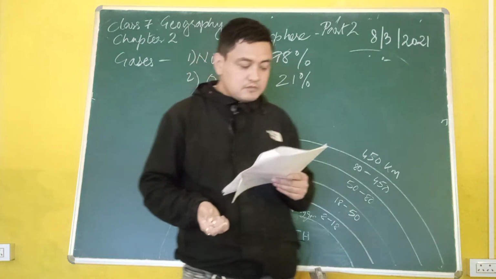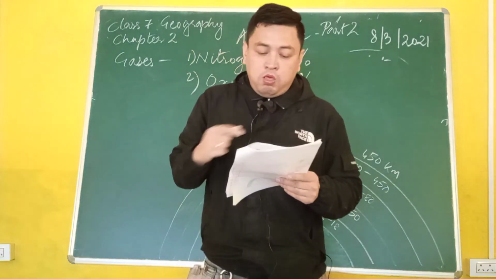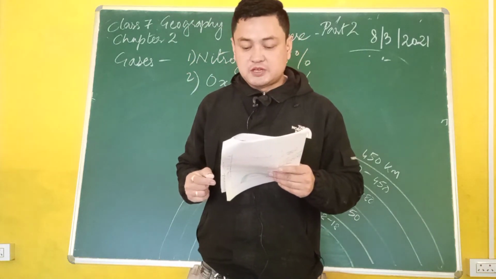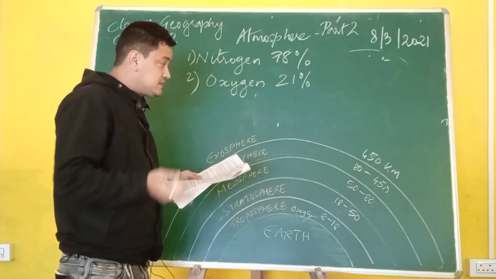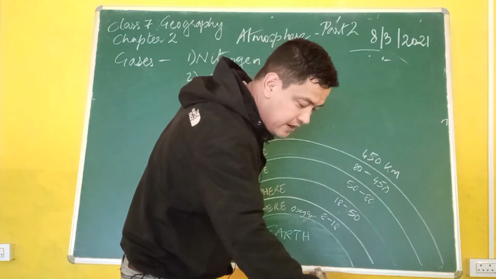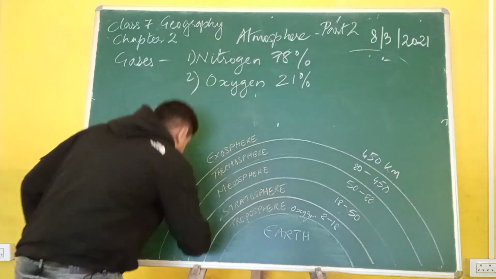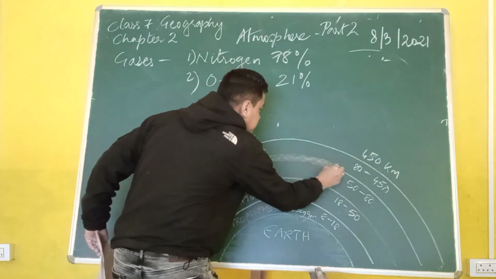Similarly, carbon dioxide and water vapor are found only up to 90 kilometers from the surface of the earth, which is near the first starting boundary of the thermosphere.